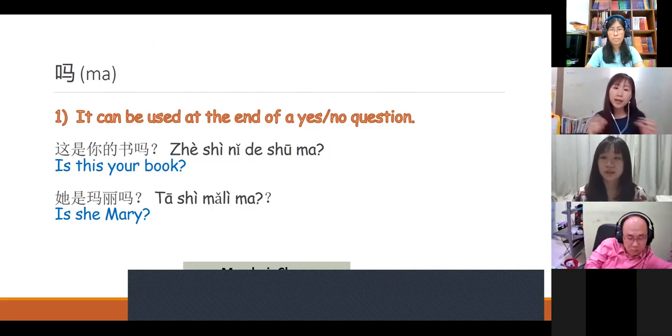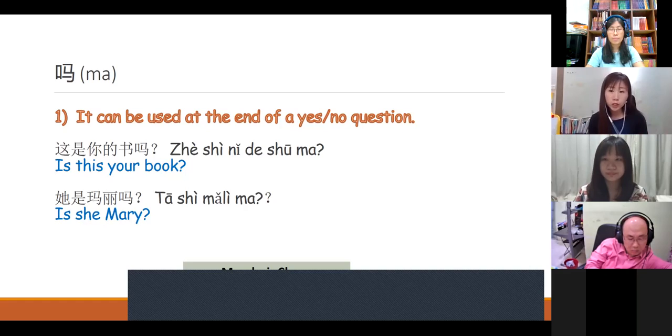Ma and ba actually have the same meaning: to confirm. So when we ask questions, we use ma or ba to confirm something. Of course, in the questions, they will have the answer in the questions. Most of the time, what we want to get is yes or no, to confirm the answer that we ask.